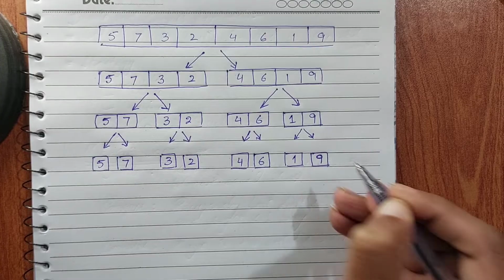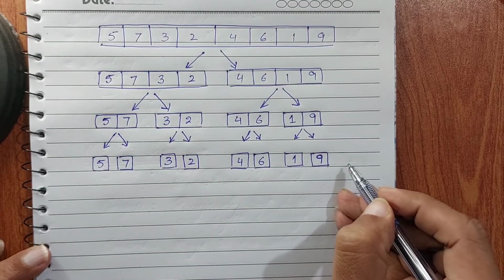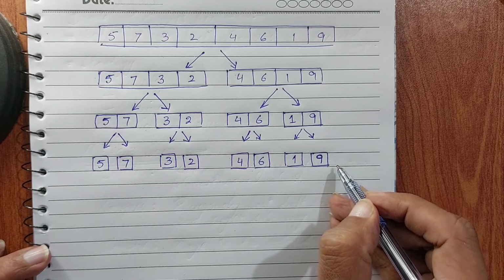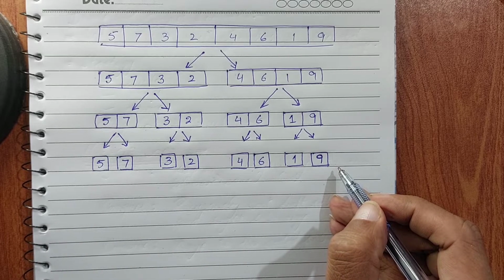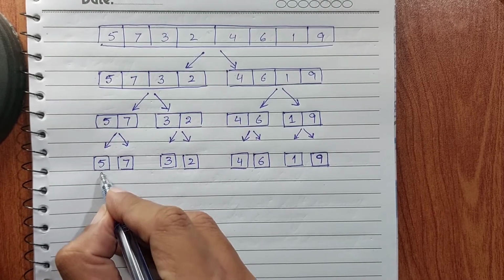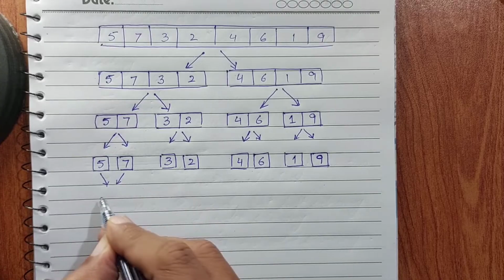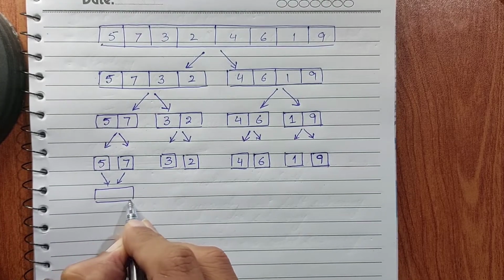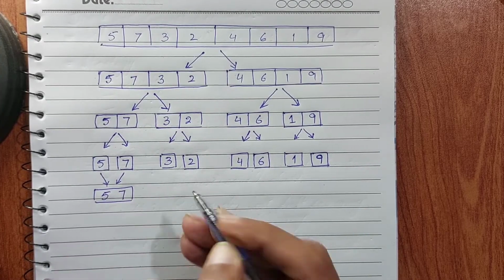Finally we stop when the sub-array sizes are 1, because at this point all the sub-arrays are sorted, since if an array has one element, it is already sorted. Now we'll start merging these sub-arrays such that the resultant bigger array is a sorted one.